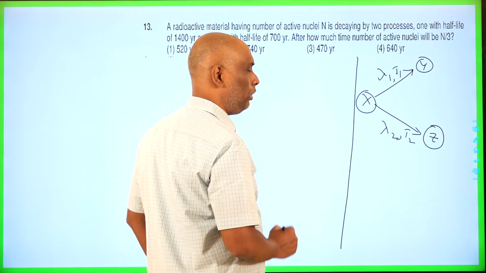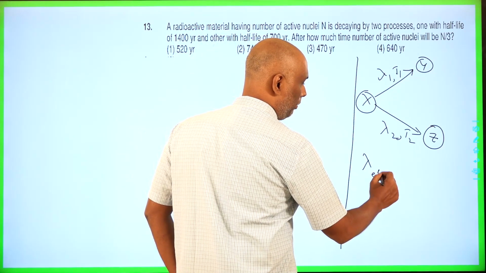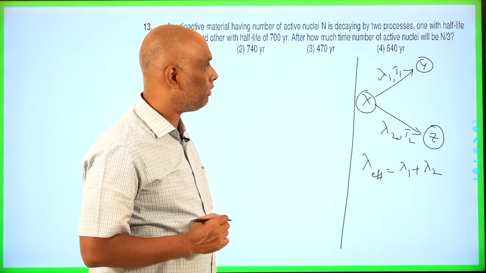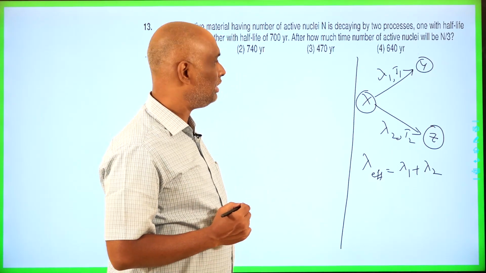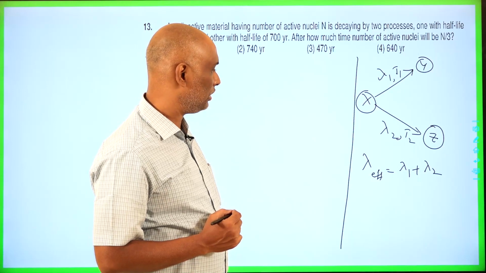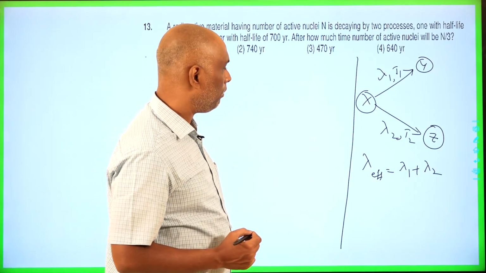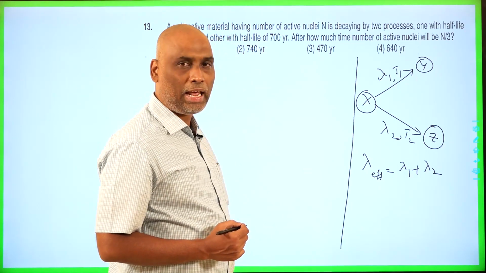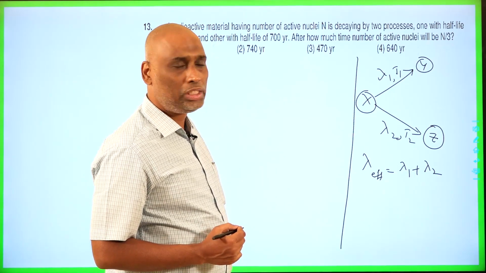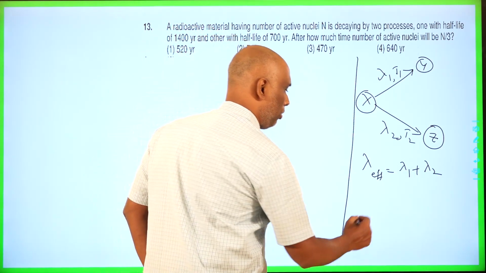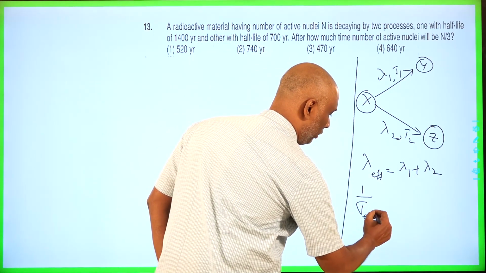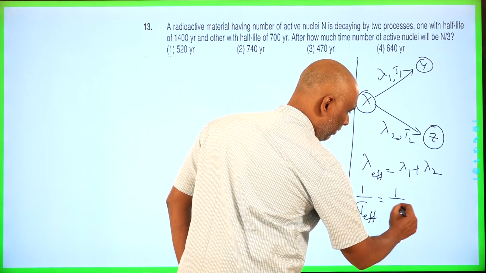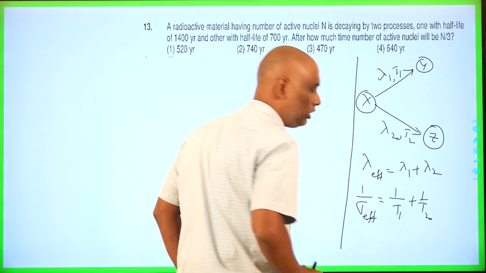In that case, the effective value of lambda becomes lambda 1 plus lambda 2, because the total effective rate of disintegration is equal to the sum of the rates of disintegration of the two processes. Now, writing lambda effective as ln2 divided by T effective, lambda 1 as ln2 divided by T1, and lambda 2 as ln2 divided by T2, we get 1 divided by the effective half-life equals 1 divided by T1 plus 1 divided by T2.